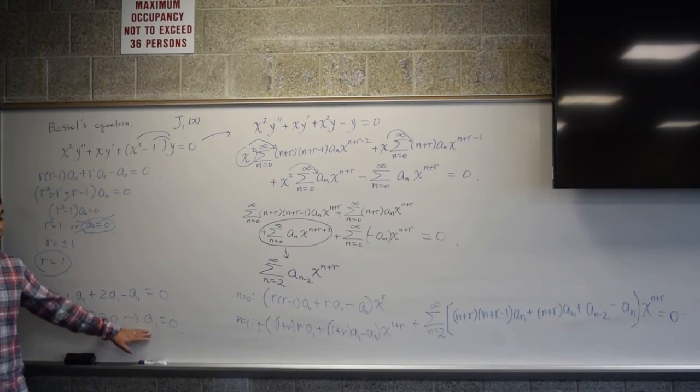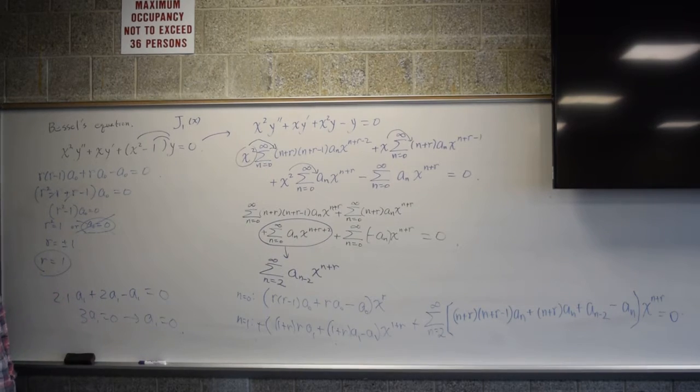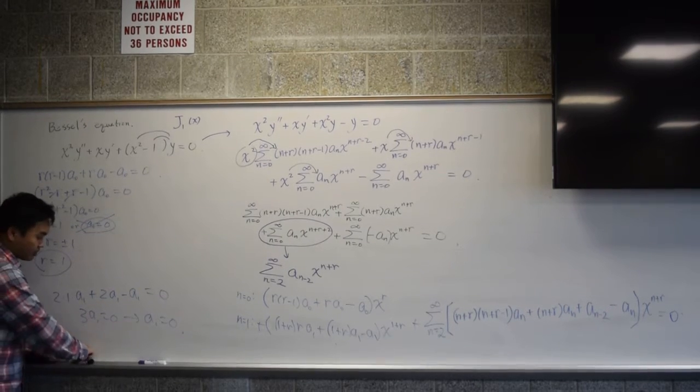And then after this, you'll find out that all the other coefficients will be some multiple of a0. So it only gives you a solution with one free parameter, which tells us that you're not really getting the full general solution of this, but only half of it. All right, so let's continue chasing it.